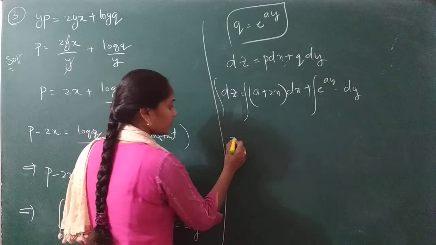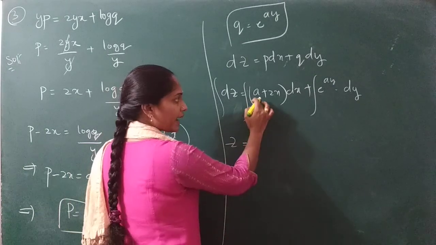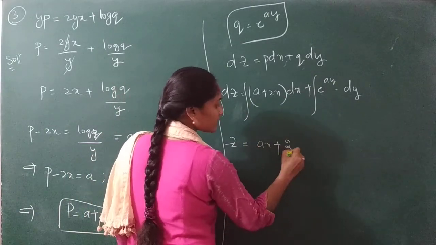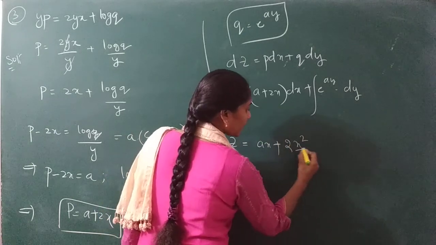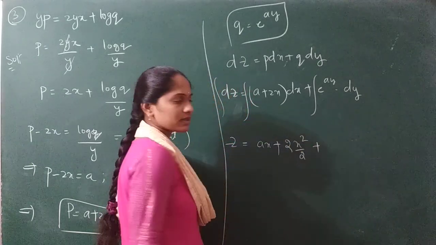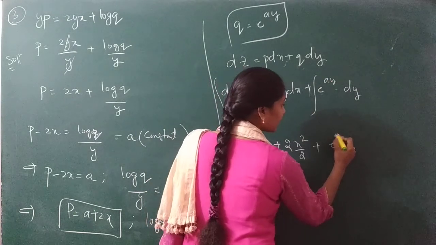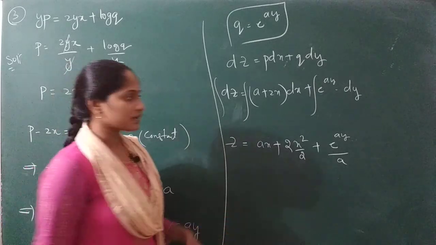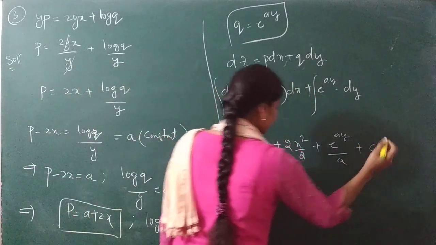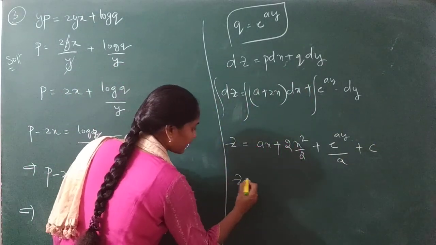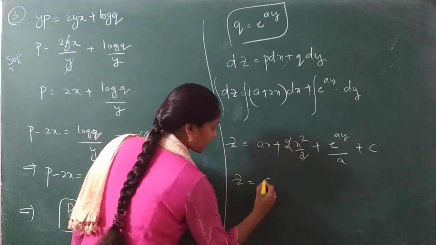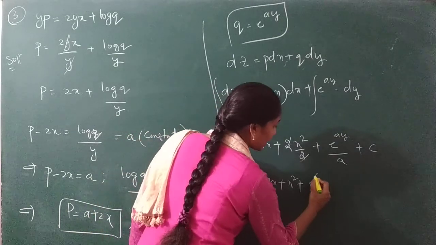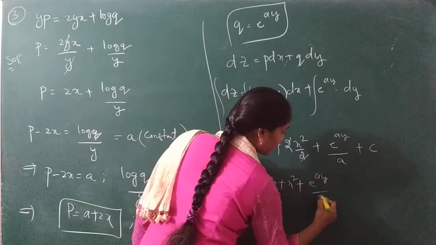Here z is equal to a is a constant, integration gives ax, 2 is a constant, integration of x square by 2, plus integration of e power ay, as it is integration, the denominator is a constant, by a, plus c. So now the answer will be z equal to, 2 is getting cancelled, ax plus x square plus e power ay by a plus c.